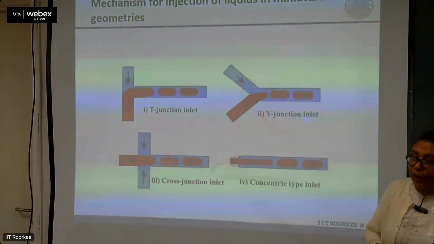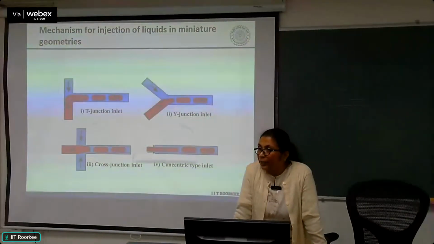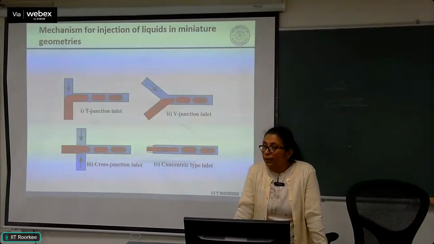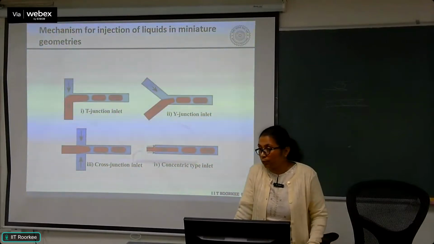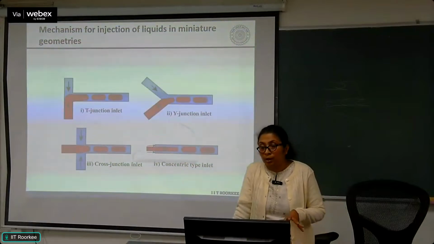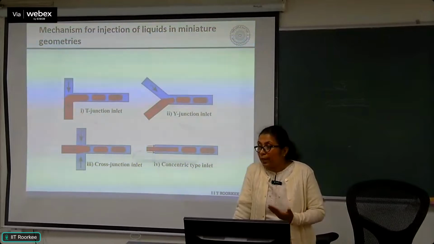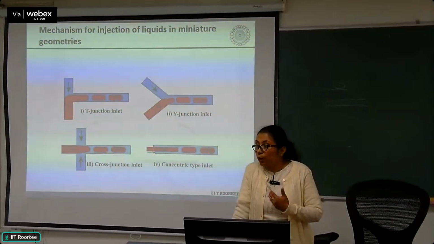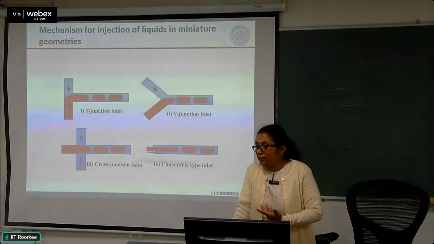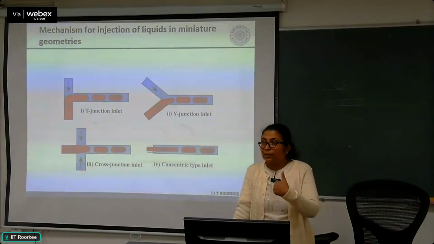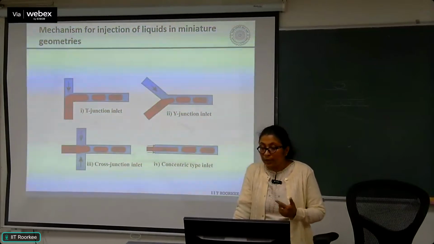Why I'm not using the term stratified deliberately is that stratified flow is very correlated with macro geometries, and stratified flow is basically formed due to stratification from buoyancy forces. So it's a stratification due to densities, right? The lighter density occupies the top and the heavier density the bottom.